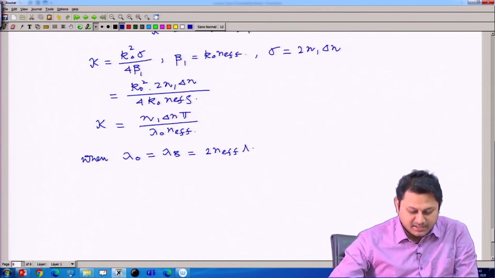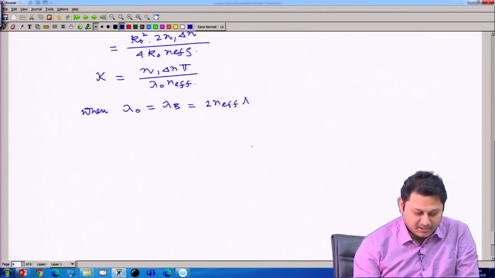So, under the Bragg condition, kappa is n1 delta n pi divided by 2 n effective square gamma.